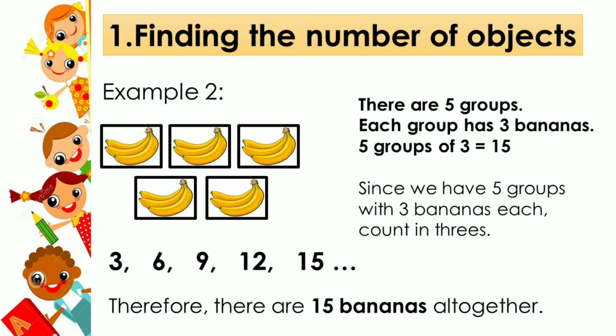So since we have 5 groups with 3 bananas each, count in threes. 3, 6, 9, 12, 15. Therefore, there are 15 bananas altogether.